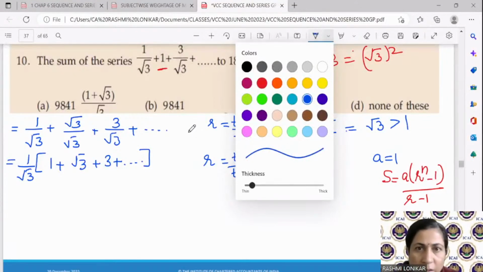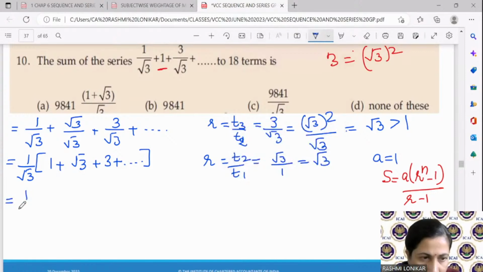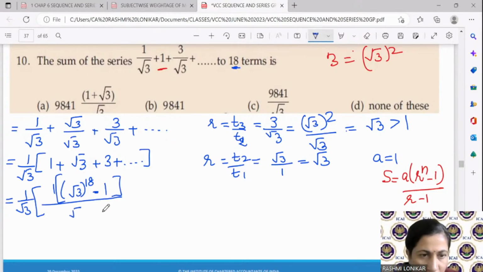So here this is equal to 1 upon root 3 into bracket, A is 1, R is root 3 raised to 18 because my n is 18, minus 1, upon root 3 minus 1.